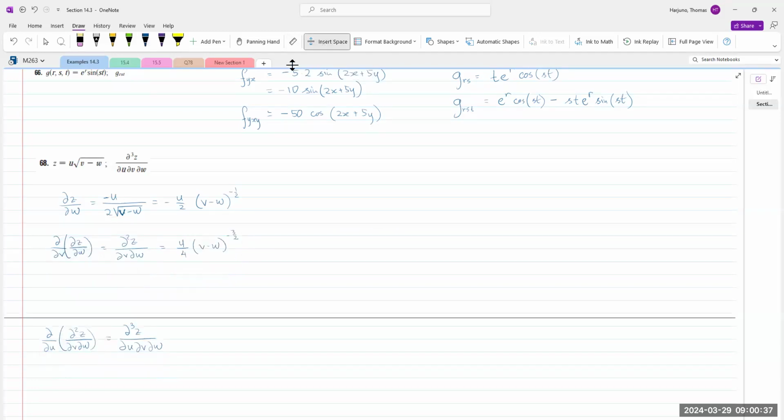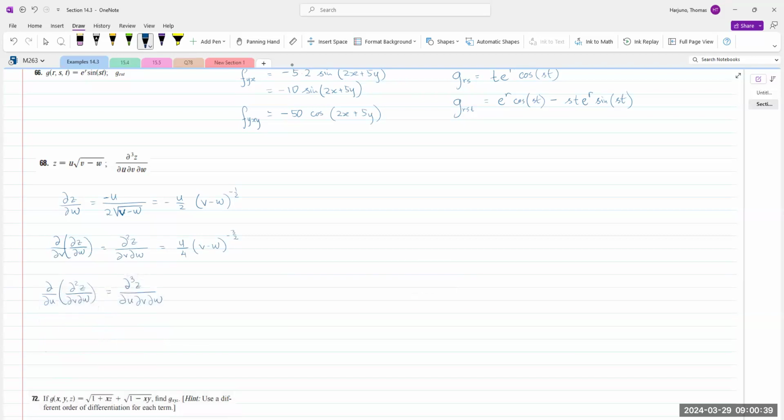Next, the partial derivative of that with respect to u. That one happens to be easy. Let me rewrite this nicer instead of using a negative exponent: (v minus w) times the square root of v minus w. This is just 1/4 of that.